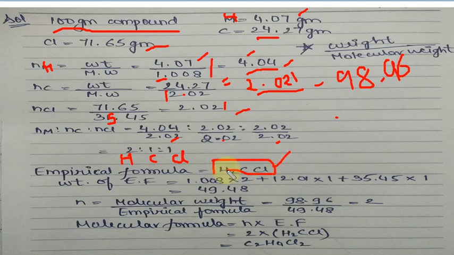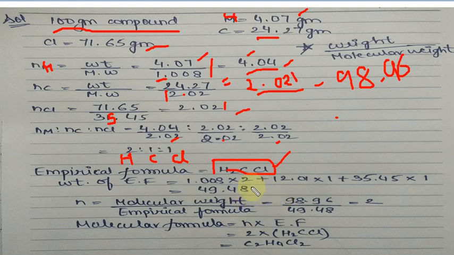For hydrogen, 2 hydrogens, so 1.008 into 2, plus the atomic mass of carbon plus chlorine, so it comes out to be 49.48 grams.